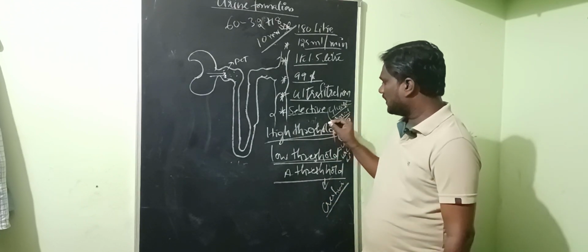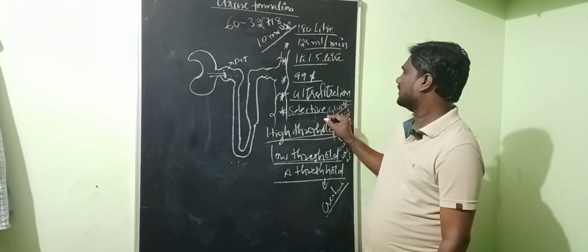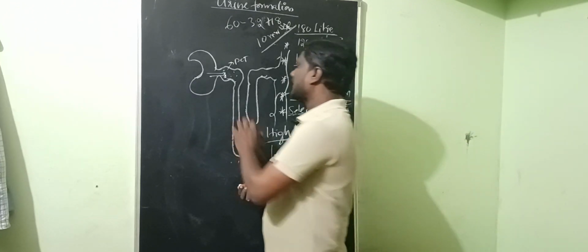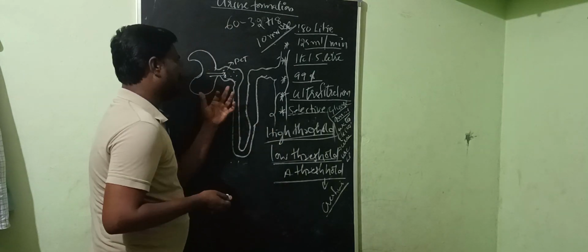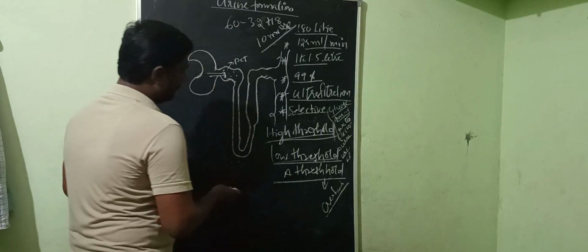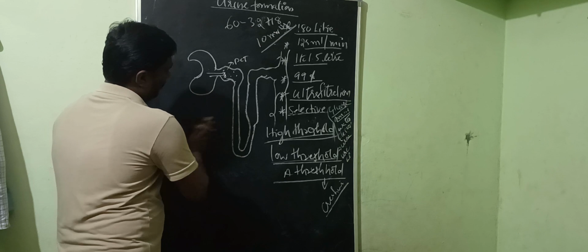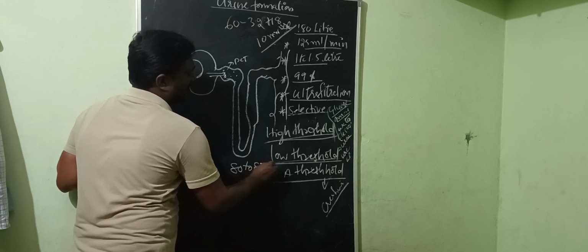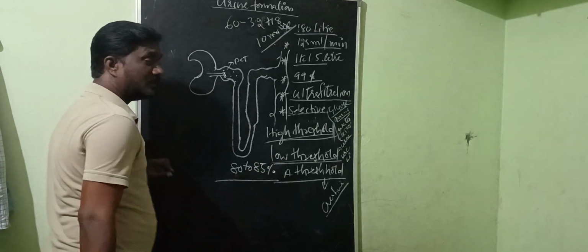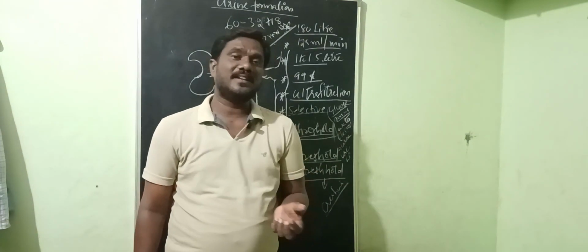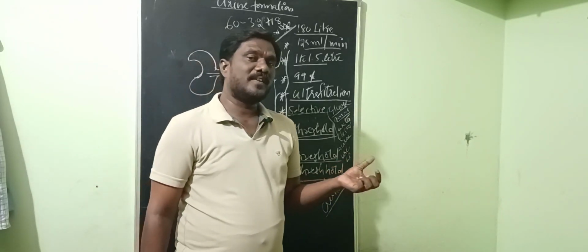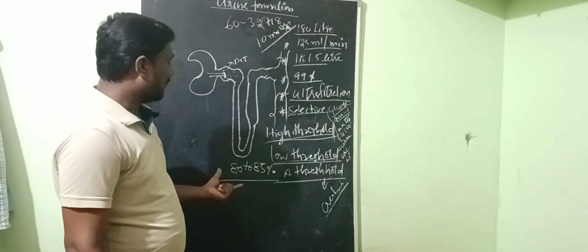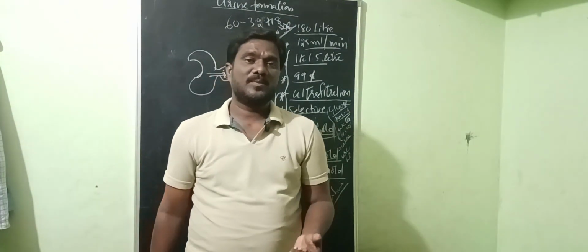So in selective reabsorption, in the PCT area, 80 to 85% of the filtrate is reabsorbed. The PCT has cuboidal brush border epithelial cells.